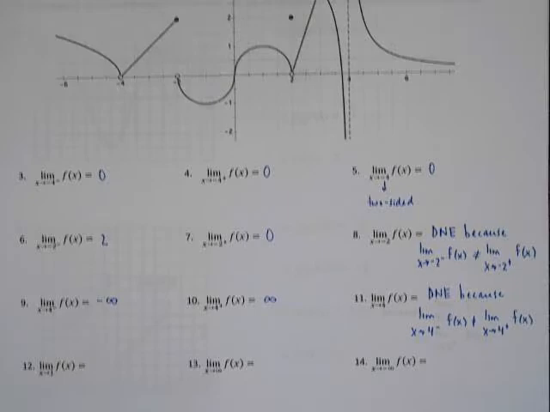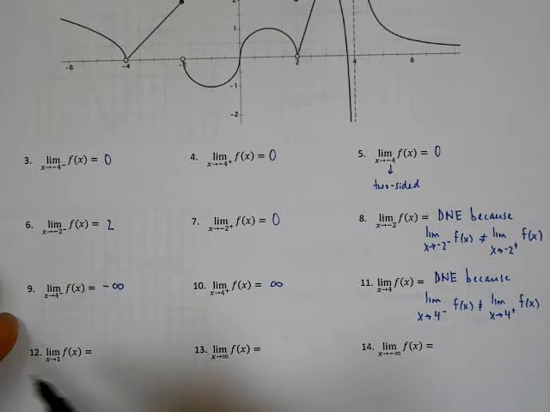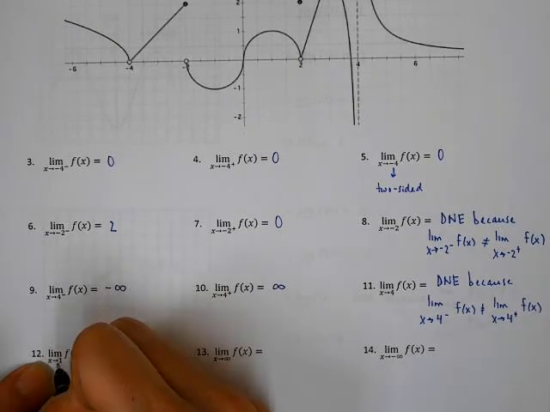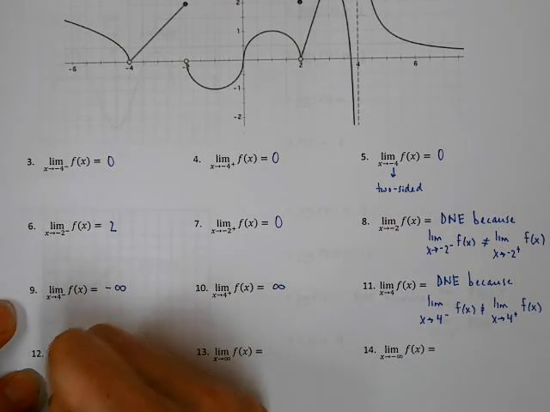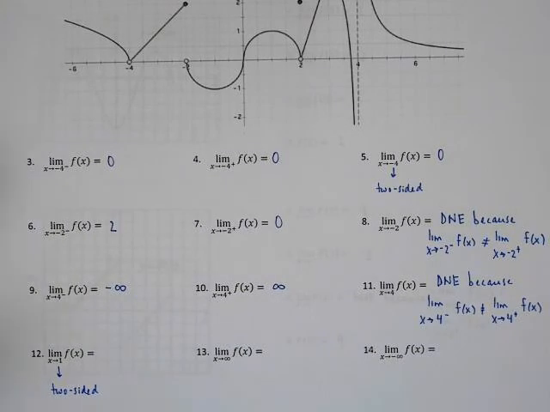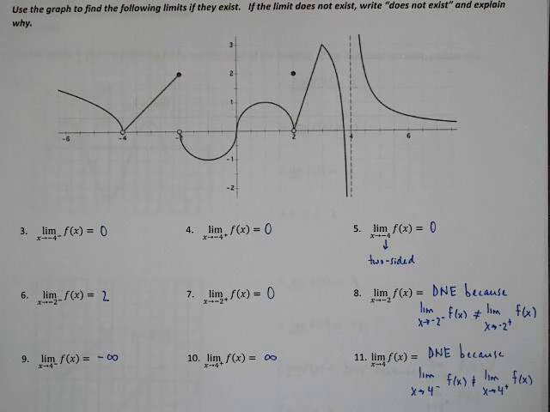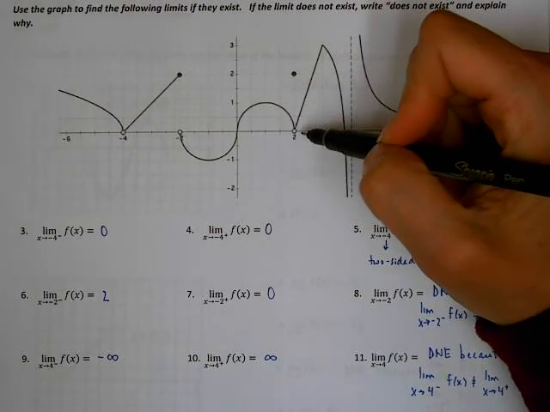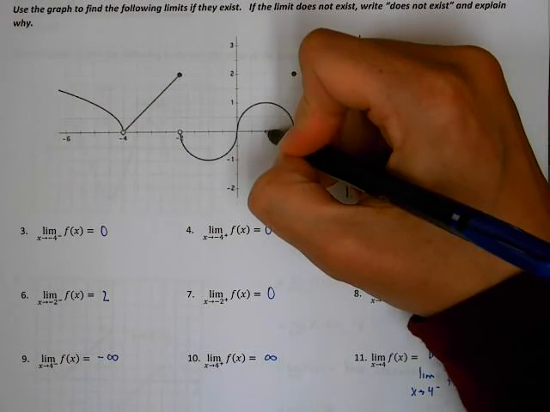All right, now in number 12, we have to be careful here. Since there's no plus or minus, again, we're looking for the two-sided limit. So we have to remember in our heads to check for both the left and the right. So let's find this. At x equals 1, x approaches 1, so that's right here.